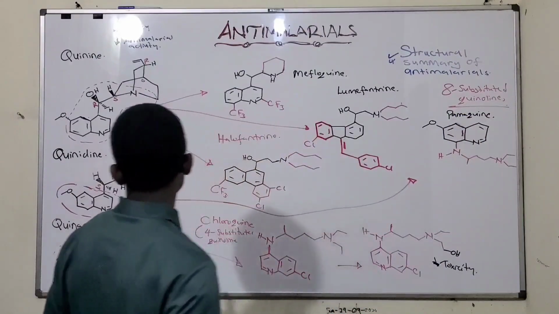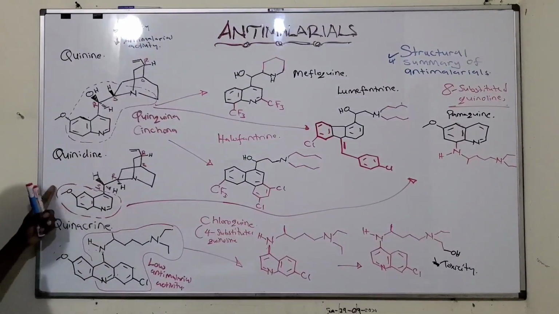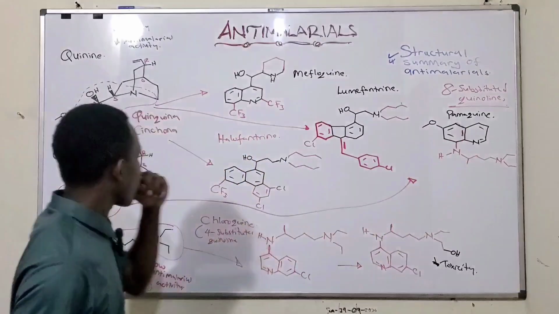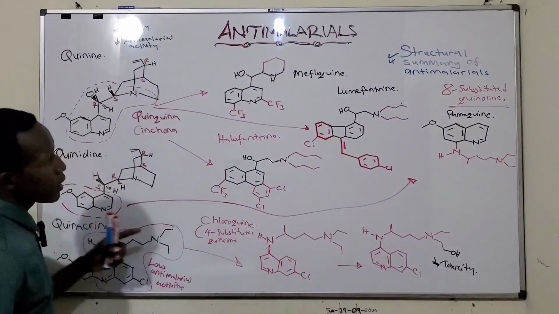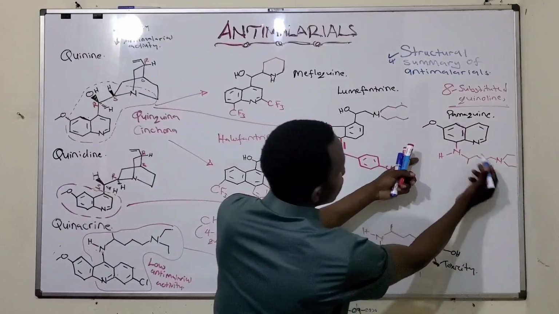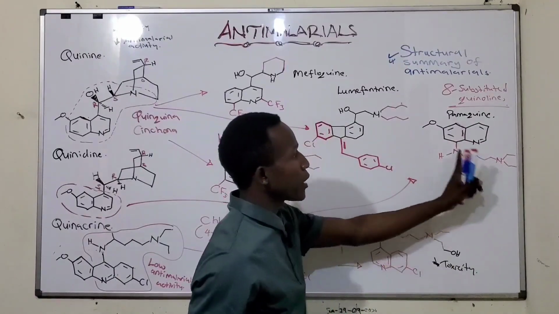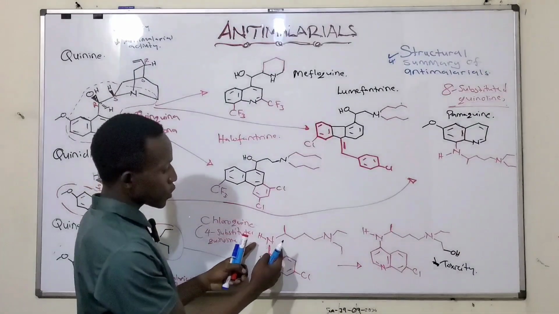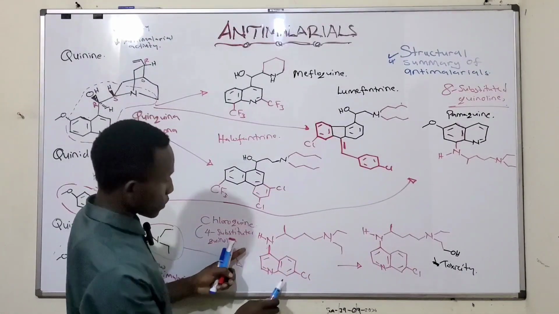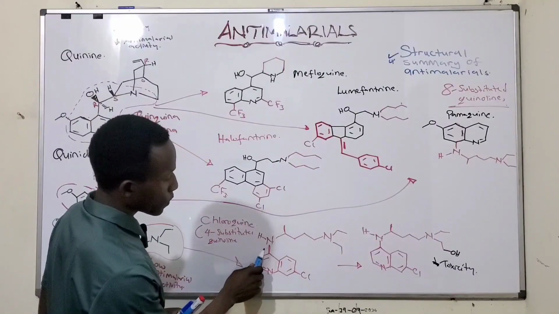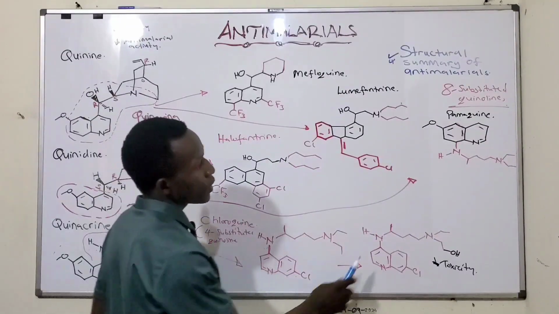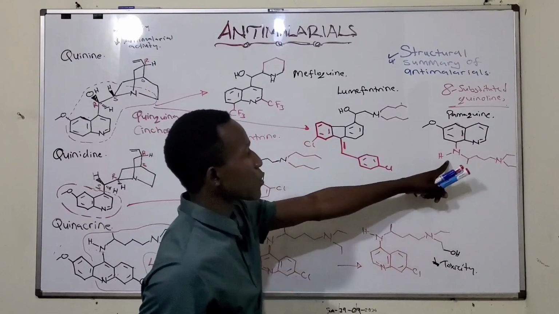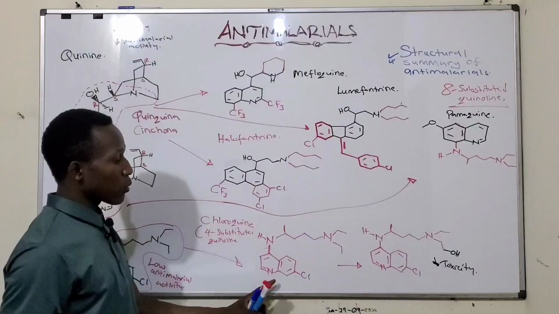You can see it is from quinine and quinidine. The group in red was the one which was substituted. Then you can see that this structure here at the 8th position is the same like this for quinine at the 4th position. This is 1, 2, 3, 4, 5, 6, 7, 8. Here, 1, 2, 3, 4, 5, 6, 7, 8. But same structure like the chloroquine.